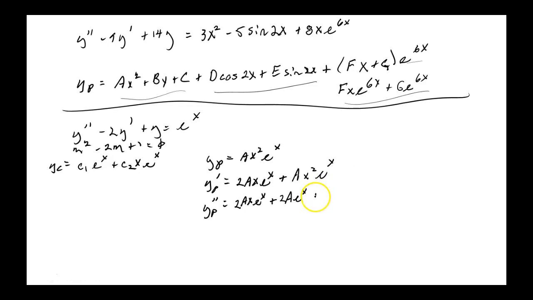Now the second one, glance up above. The second one is exactly like y sub p prime, so it'll be these two written down again: 2ax e to the x plus ax squared e to the x. Now let's combine some like terms here, and what do you get?